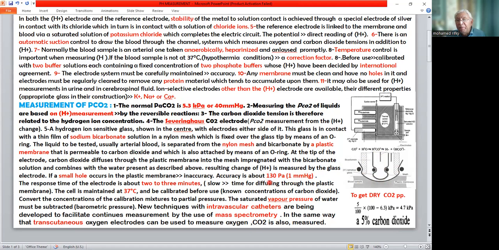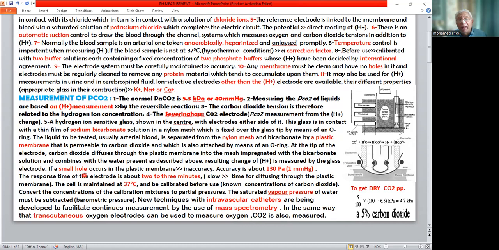It's very sensitive, as you can see, up to 130 Pascal. And we must take care, of course, to keep the temperature constant and take care of the holes and the deposit of proteins. It takes around 2 to 3 minutes to work. It's slow because of the time for the CO2 to enter the system and to create hydrogen at last.